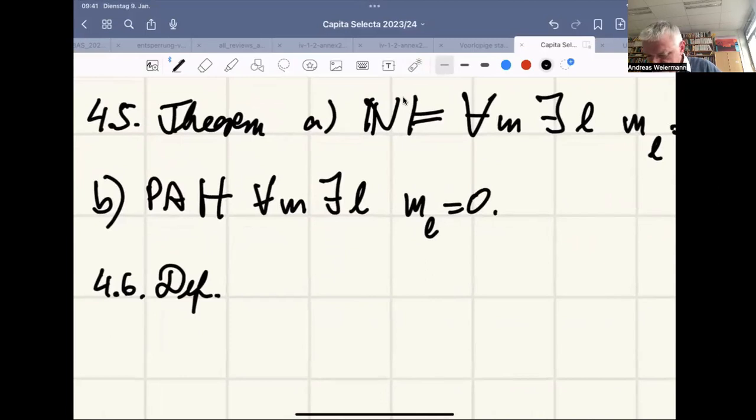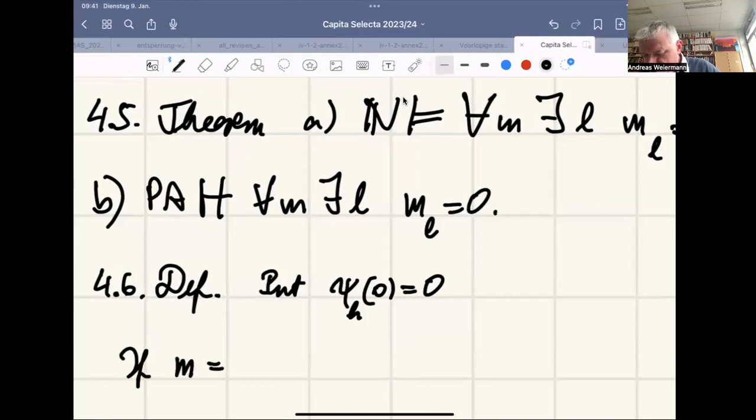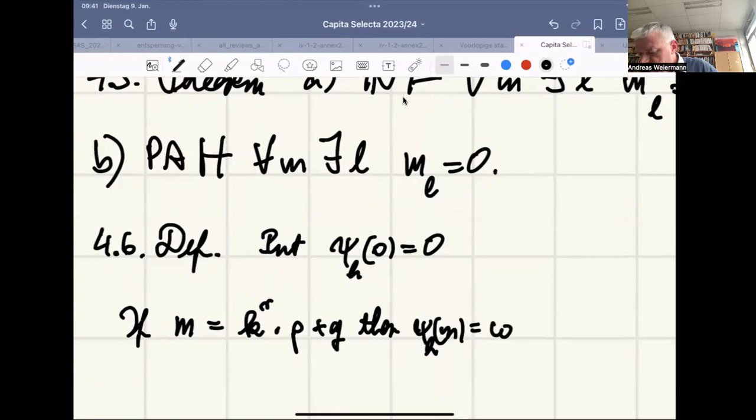We define c_k of 0: well, 0 is mapped to 0. And if m has the form k^r times p plus q, then c_k of m is equal to omega^(c_k of r) times p plus c_k of q.